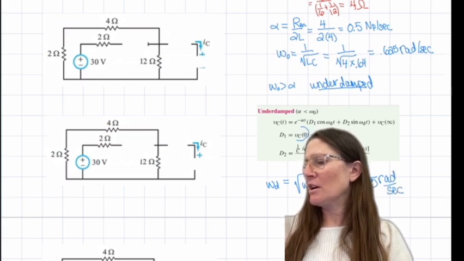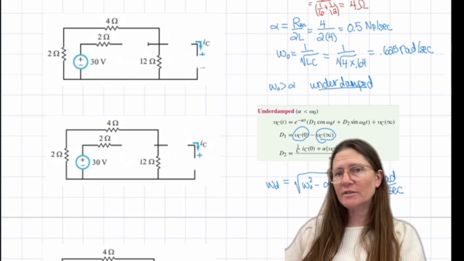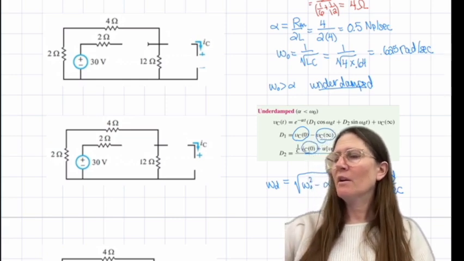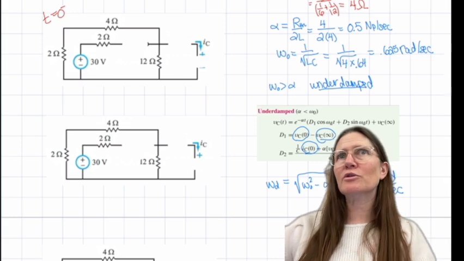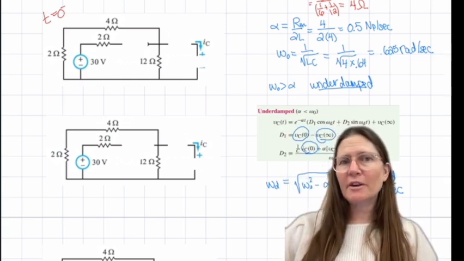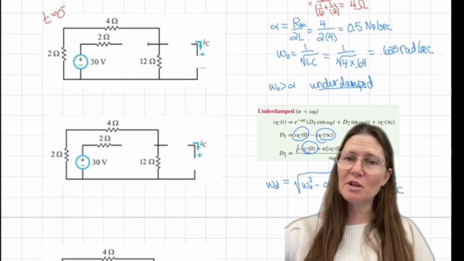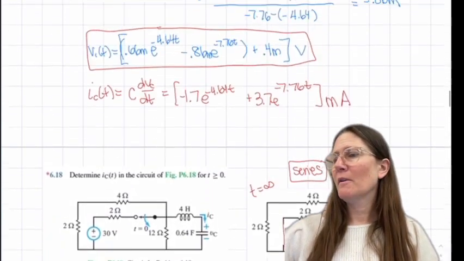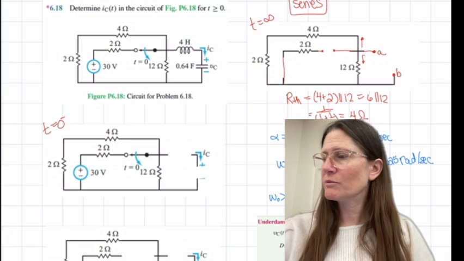Then we need our variables of VC0, VC infinity, and then IC0. To find those, again, look at the time right before the switch. So draw it without the switch and the inductor and capacitor and decide what they're going to do. So what is the switch doing right before it changes? So it's closed.